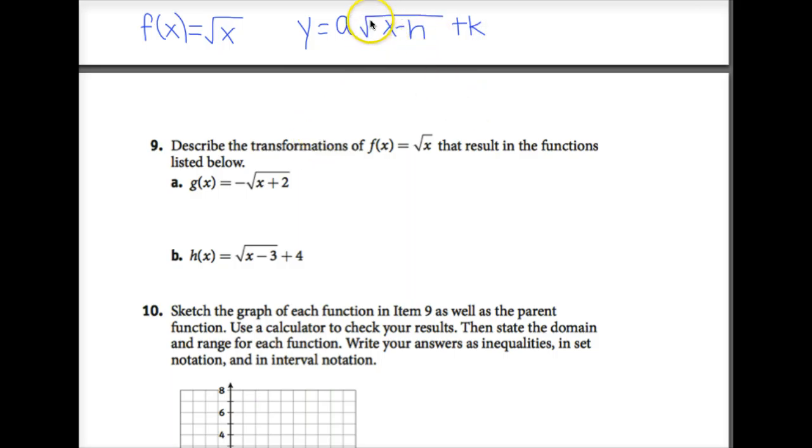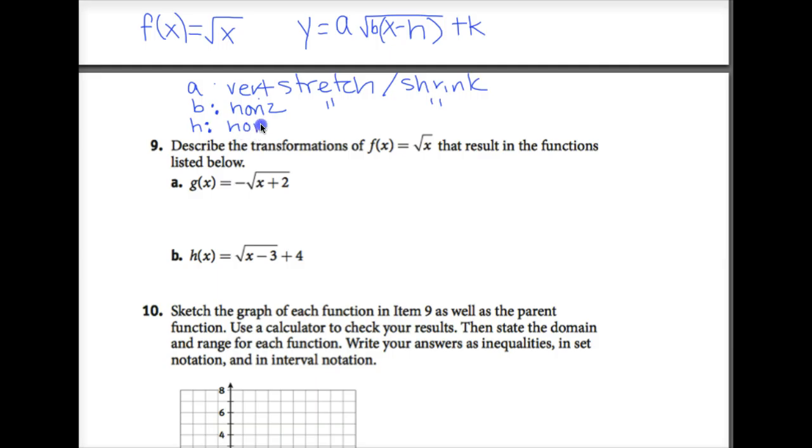In some cases, although most not, we might have a b in there. And a, b, h, and k do all the same things that they always do. A controls our vertical stretch and shrink. B value, if we have one, controls horizontal stretch and shrink.